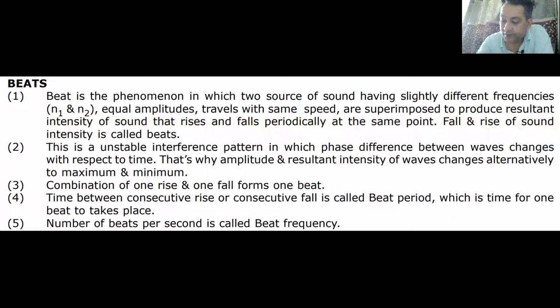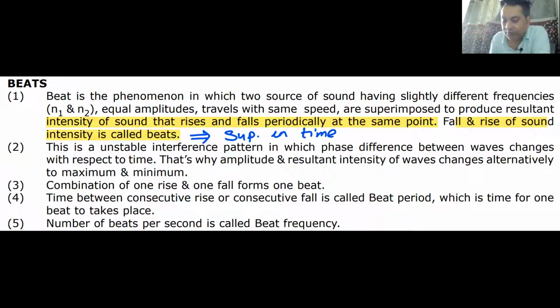Okay, something wrong. Okay, so what you see is the intensity of sound rises and falls periodically at the same point. That means waves are interfering in space actually, but at one particular point, you can hear all maxima, minima, and all types of intensity. This rise and fall of sound intensity at one point is known as a beat, and in short you can call beat as interference or superposition in time.